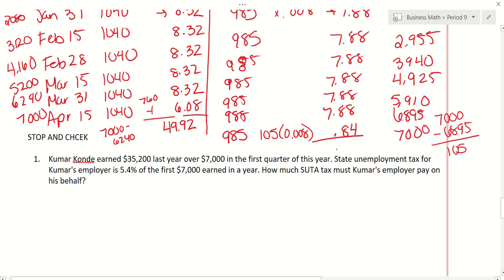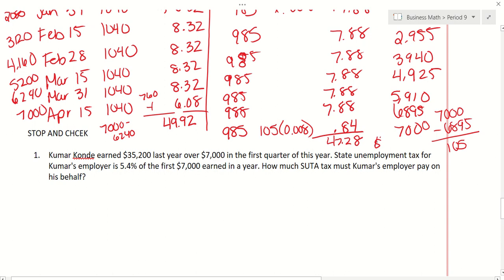We have this column to be 42.78. And then actually it's a little different than that because I'm adding the 84 cents in. But if we add this one up and this one up, the columns up, and we get it all together, how much are they paying in? It's $112 is the answer here for FUTA tax.